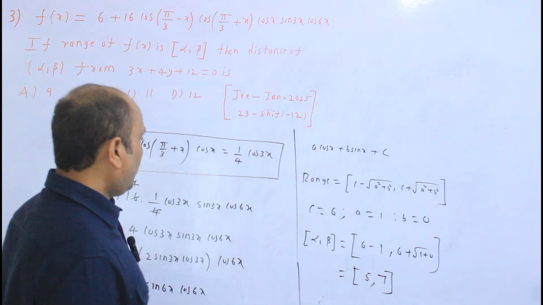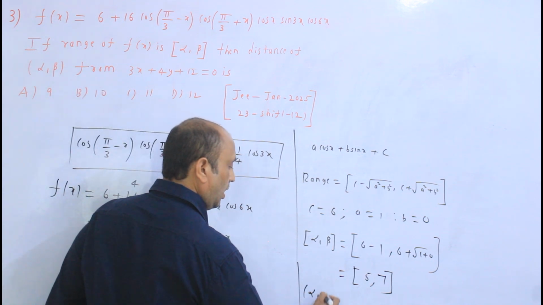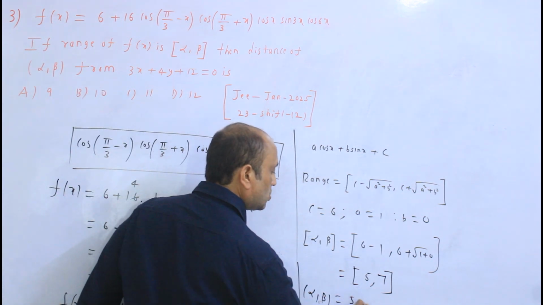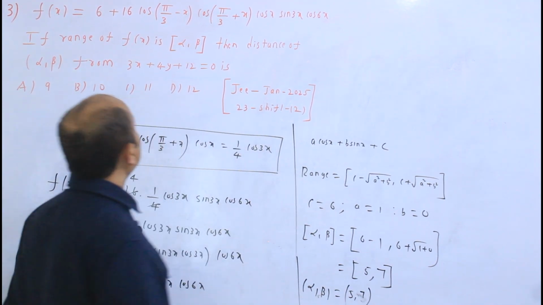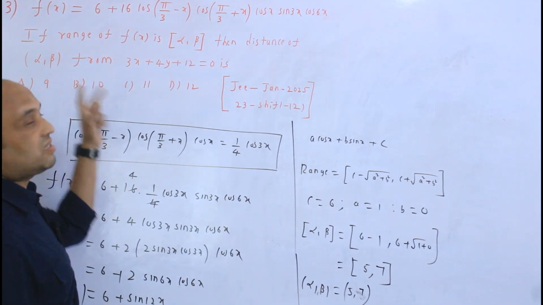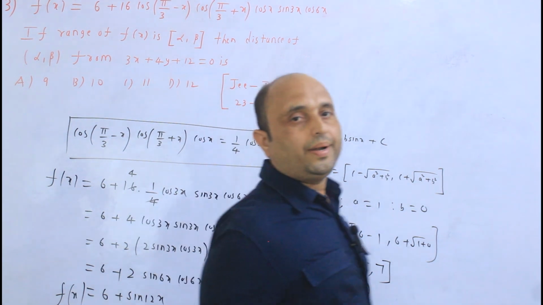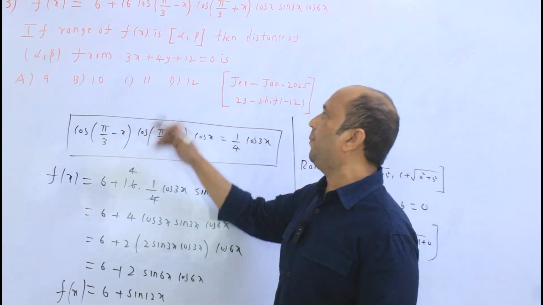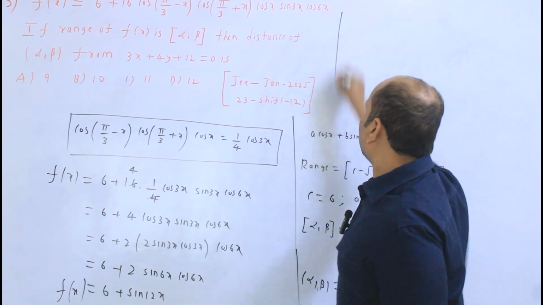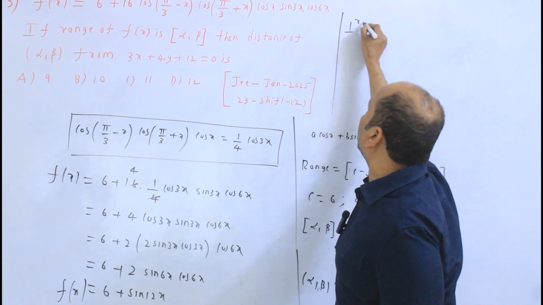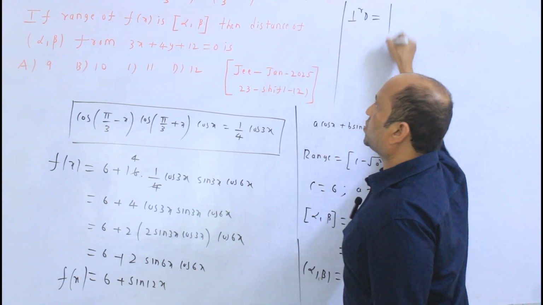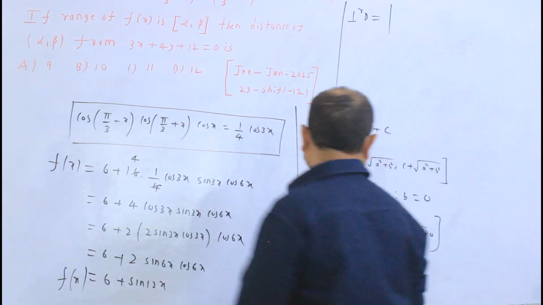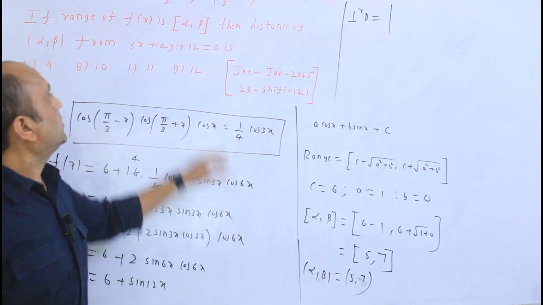Now, after getting alpha comma beta, we want to find the perpendicular distance of alpha comma beta to this straight line. You already know the perpendicular distance formula. Here the point is 5 comma 7.